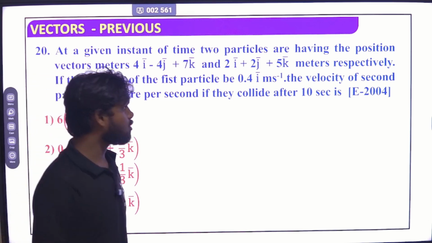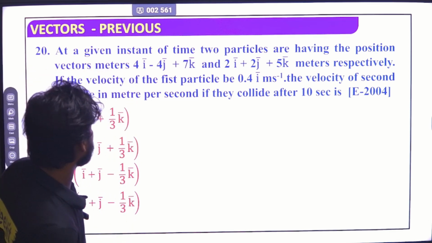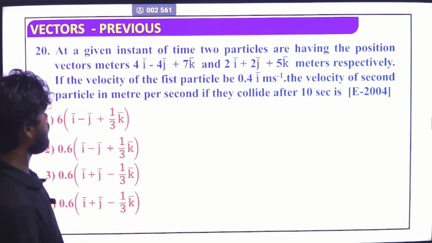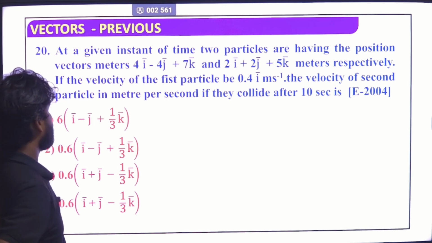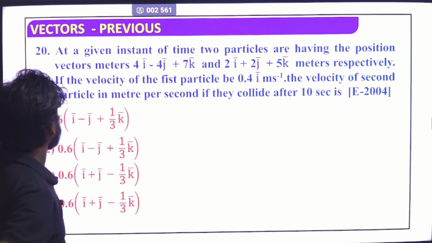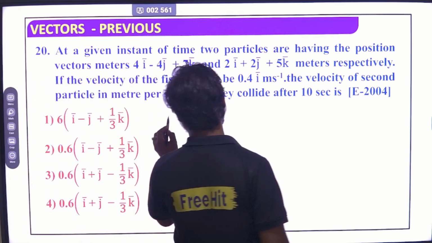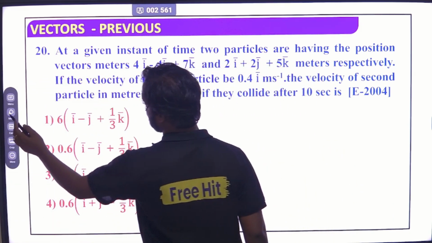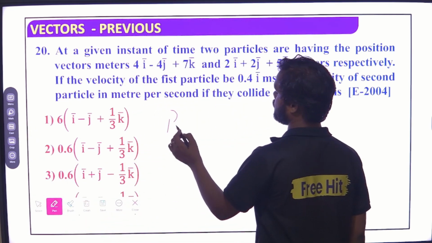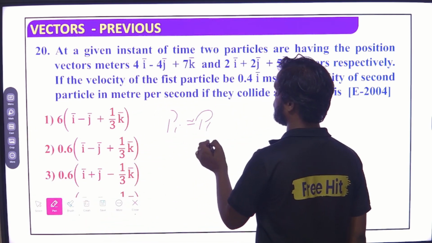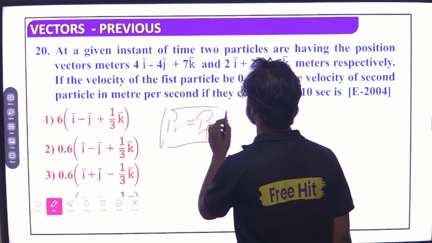Basically, this is a question of conservation of momentum. Because nothing is mentioned, we will consider it as an elastic collision. For now, I will tell you to leave this question, because here we will apply momentum conservation, that is, P initial is equal to P final, and from there we will do the calculation.